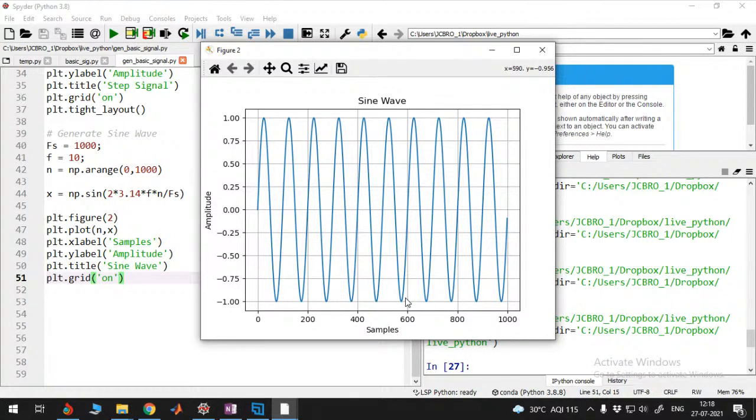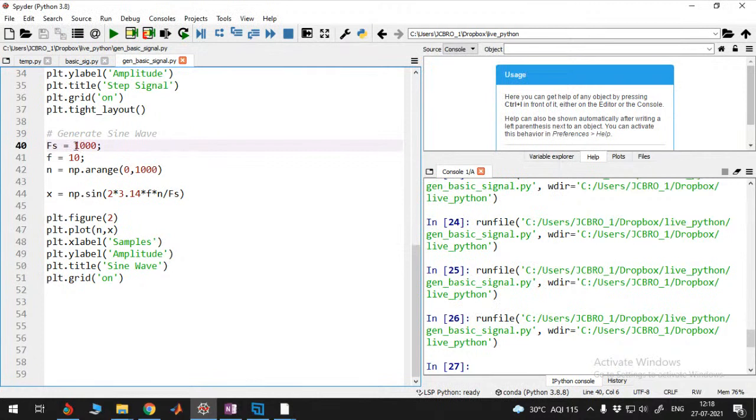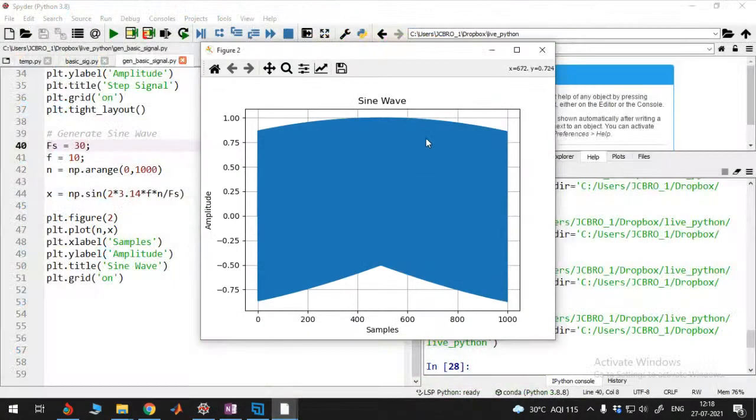Now let's verify different things which I talked about, like the sampling frequency. As per the sampling theorem, this fs should be greater than 20, because 2 times 10. So let's make it 30 and let's save it. If I run it again, you will observe the wave has been distorted completely.